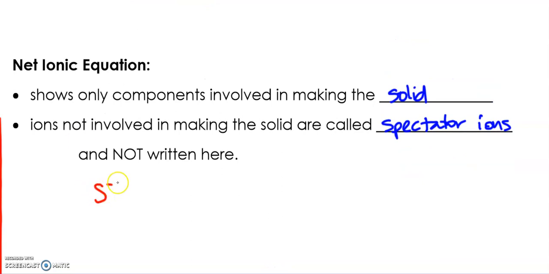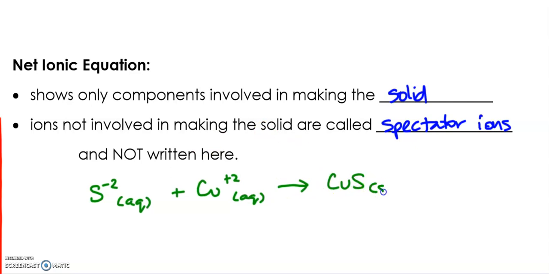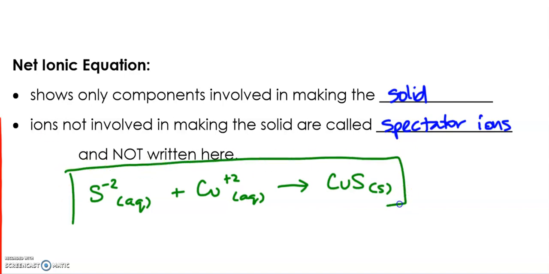So I have S minus 2 aqueous, plus Cu plus 2 aqueous, makes CuS solid. You can see charges and atoms are balanced here. So our end goal is a net ionic equation. That's this right here. We had to write the other ones to get to here, though.